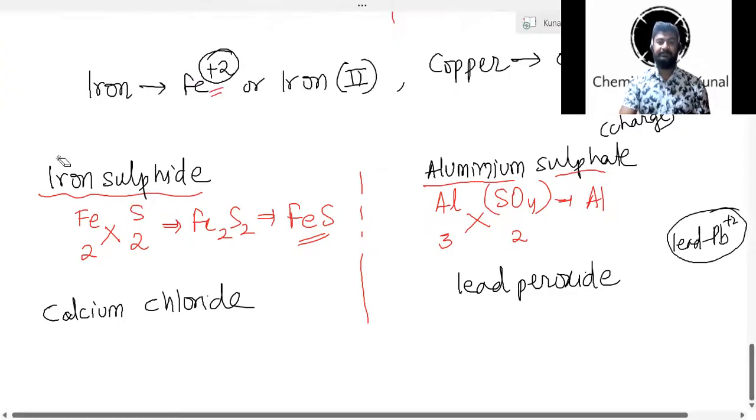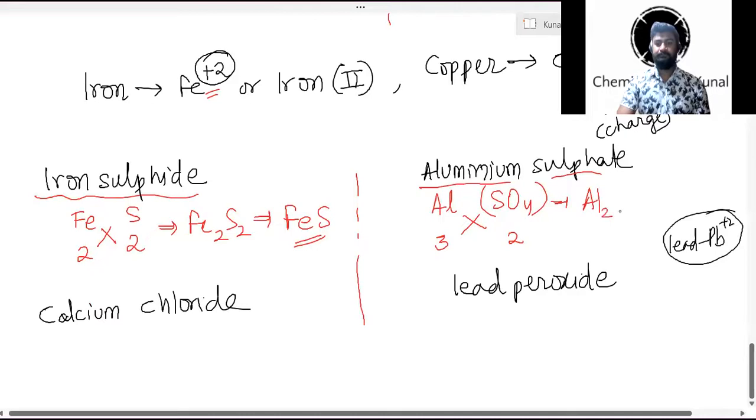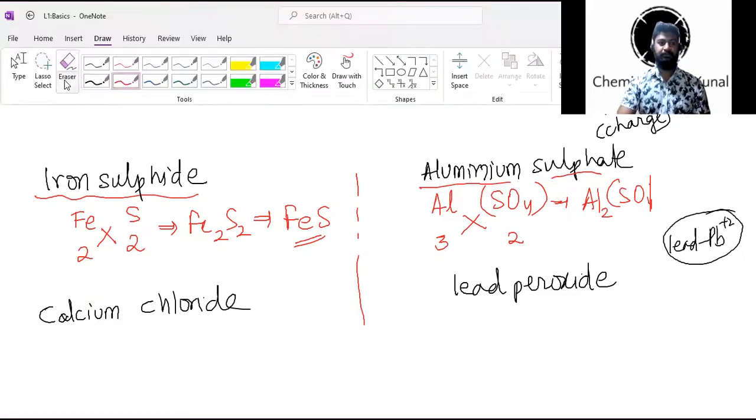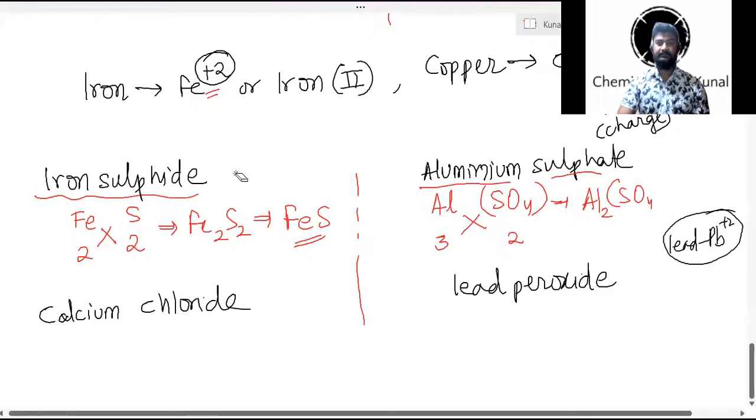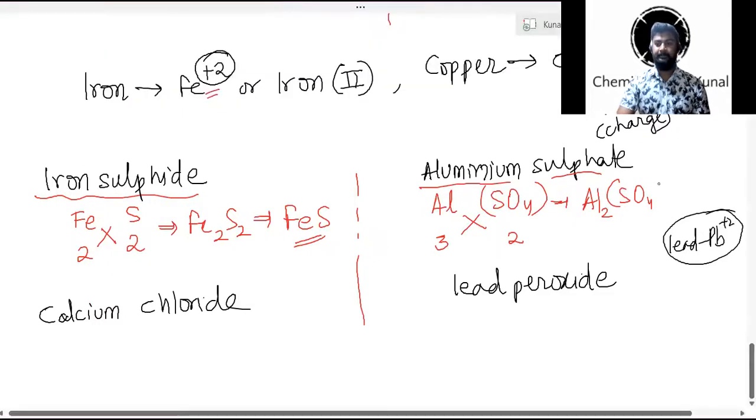So it will be Al2(SO4) whole thrice. Al2(SO4)3. That's the formula. I hope you got it correct.